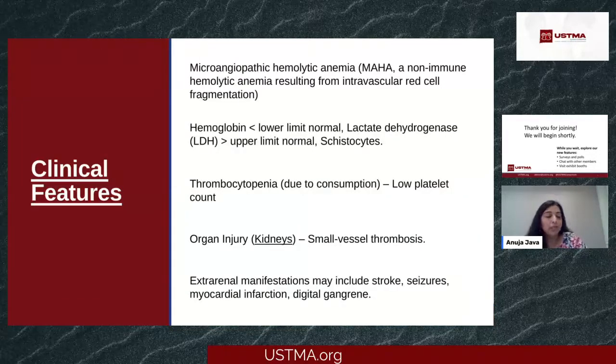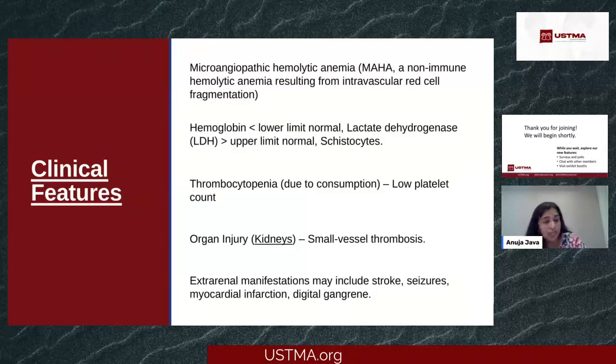So typically, this kind of disease presents with a certain set of features. We call it microangiopathic hemolytic anemia. And what that means is that because of the clot formation in the blood vessel, there is breakdown of the red cells. And that can show up in the blood work as decrease in hemoglobin or anemia.